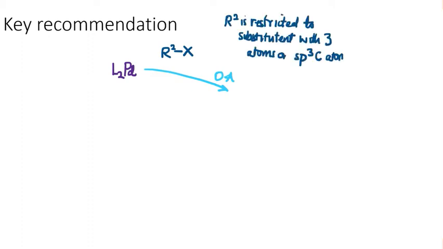So the key recommendation here is that first, we need to focus on the reagents. What are the reagents that are favorable for this step? For our oxidative addition, we require a specific organohalide. Now, for our organohalide, our R2 is restricted to substituents with no beta hydrogen atom on the sp3 carbon atom. This means that there must be no beta hydrogen that can be eliminated.